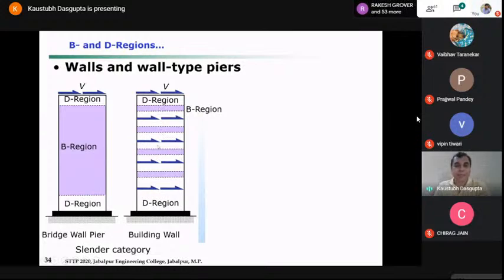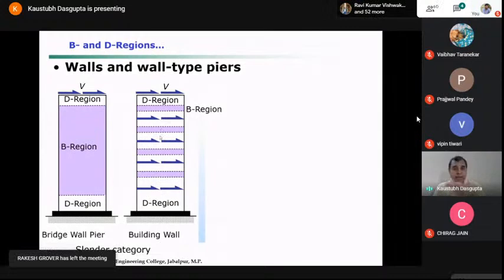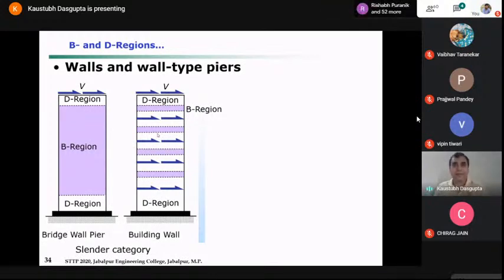So you can imagine that if you consider this as an isolated cantilever wall and at any section simply apply the equation sigma equals My by I, you may not be looking at the true stress values, because the B region may be very small or may not exist at all if the story is very short in height.